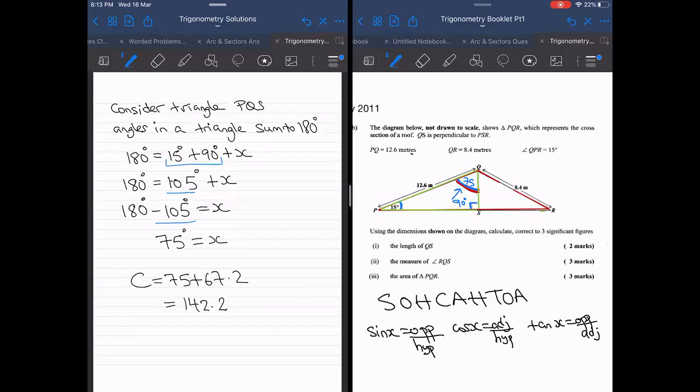The 67.2 came from part 2 of the question. Because remember, it was angle RQS, so it came from the top part. Remember, you were asking me, it's the angle at the top, so that's what we found in part 2.